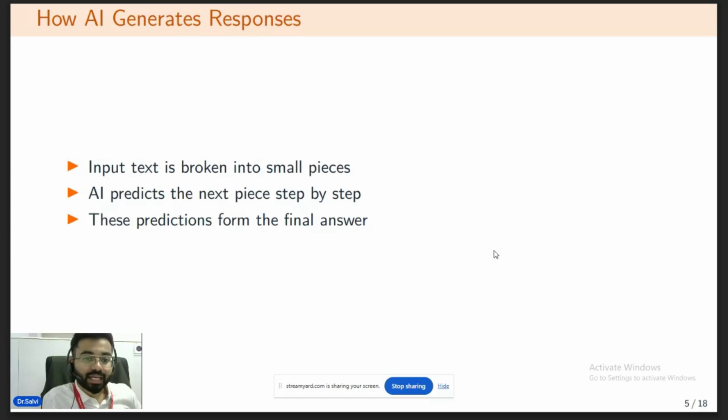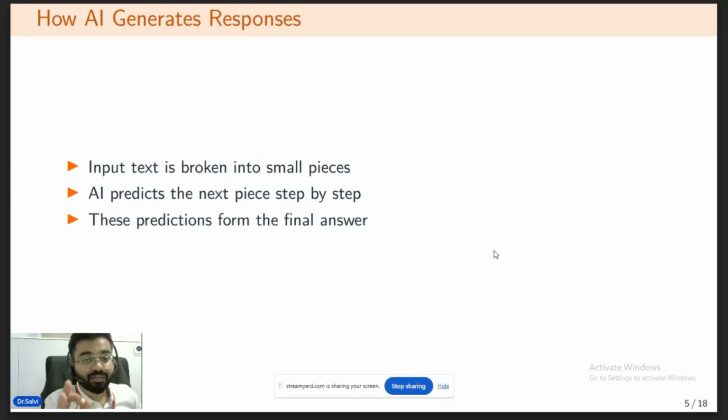Further, the AI is going to predict the next piece step by step, as in it is always going to understand, on the basis of the pieces it has been given, what the user wants next, and these predictions are going to be the final answer that comes out of it. So it is important to understand that it is based subjectively on the objective outcomes that you give.